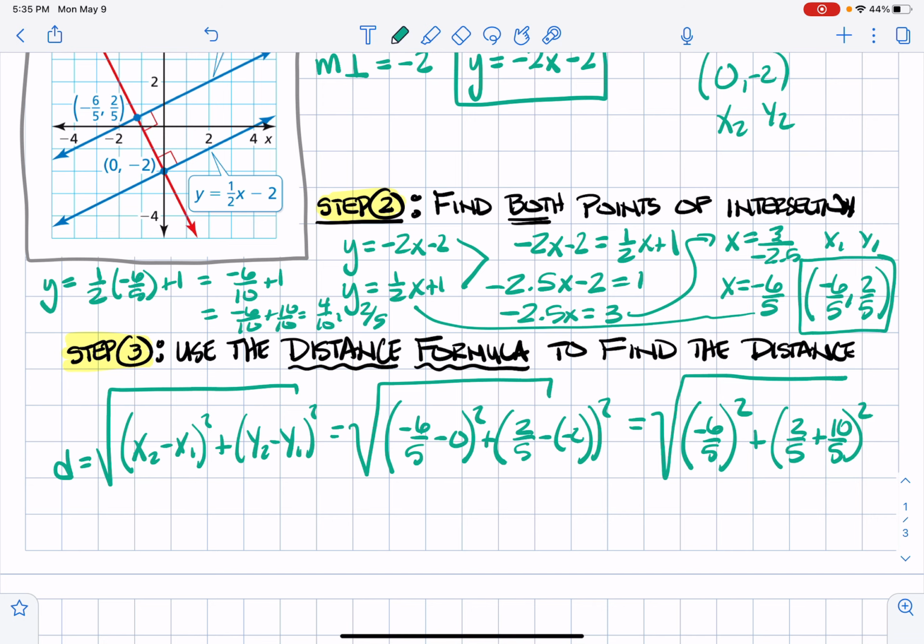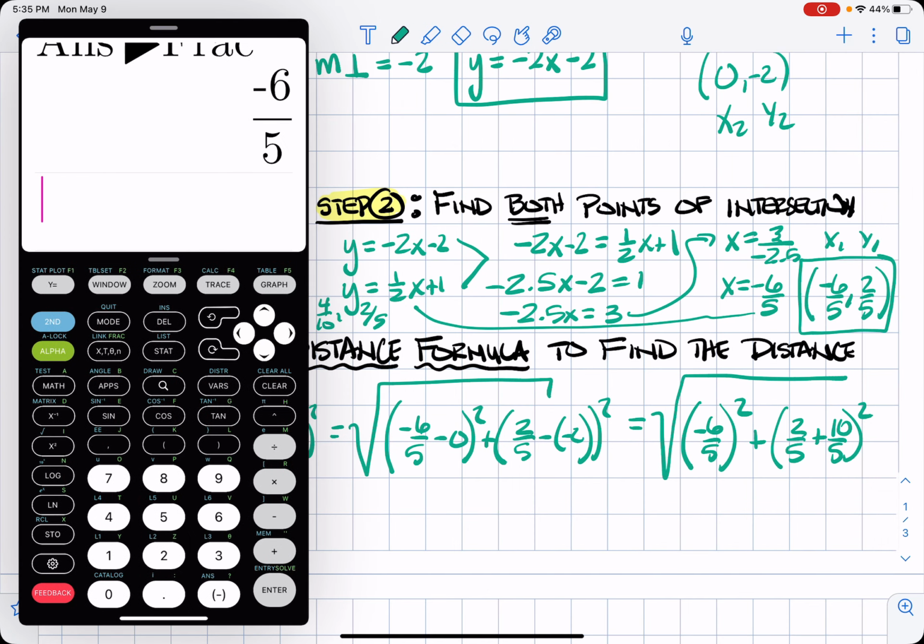All right, so from here, you want to plug this into your calculator because it's probably a lot to do. So bringing it up, I would do second square root, and then I would do in my parentheses. It doesn't matter if I put a negative 6/5 in there or a positive because it's going to be squared and turned to positive anyways.